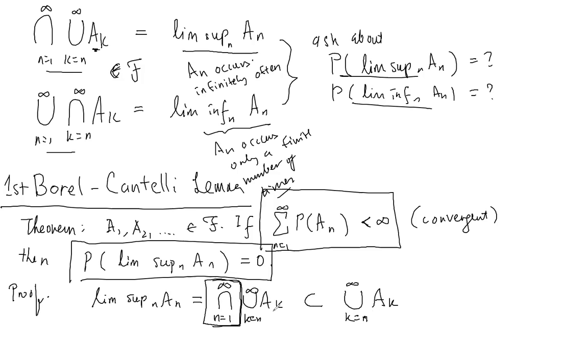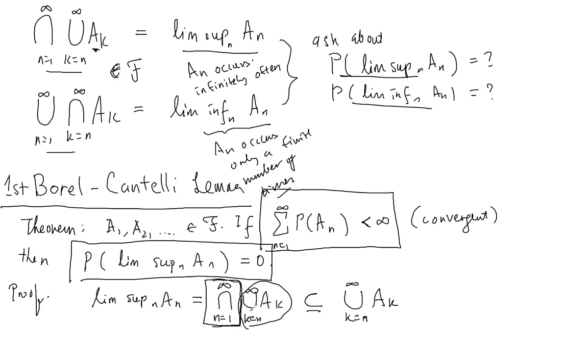Surely after you take intersection of all these Ak, it is smaller than this set without taking intersection. It could actually be equal. So after you take intersection, it cannot be larger than the original set. It can be smaller, or at most it's equal, right?